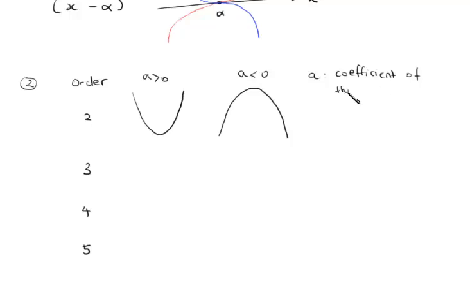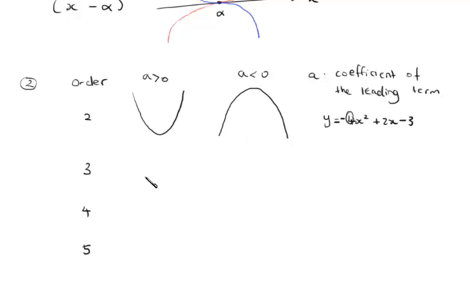For example, if you have y equals 4x squared plus 2x minus 3, that's the coefficient of the highest order term, so I just call that the leading term. So that's 4, which is positive. So in this case, this quadratic will look like that instead of this one. If that was a negative 4, it would look like this one.